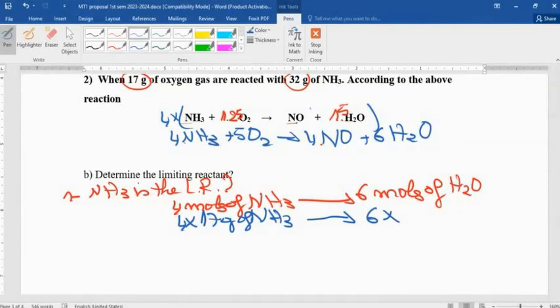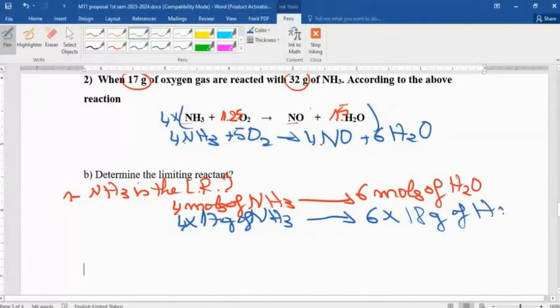I have oxygen 16 grams plus 2 multiplied by 1 for hydrogen, which gives me 18 grams. So 6 multiplied by 18 grams of water. Easy. 17 multiplied by 4, 68 grams of ammonia produces 108 grams of water.